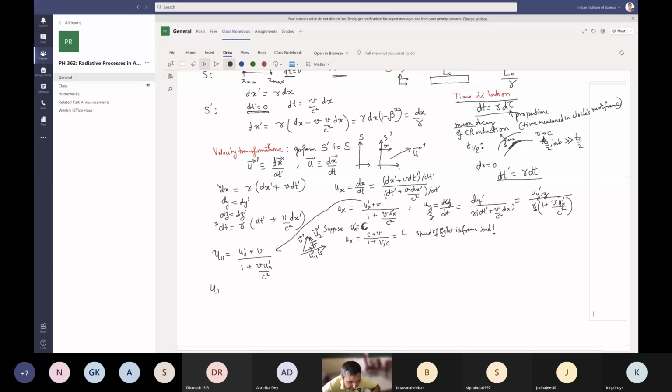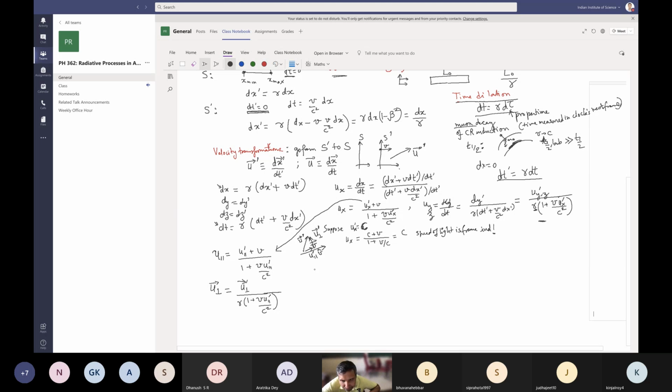Similarly, u perp is equal to, I'll use these equations, u perp prime divided by gamma times 1 plus v u parallel prime by c squared. Okay, and this u perp is a vector, this is the magnitude. So these are the velocity transformations.